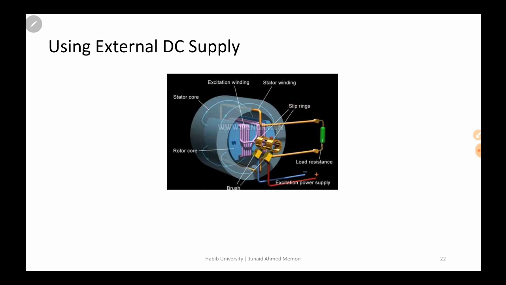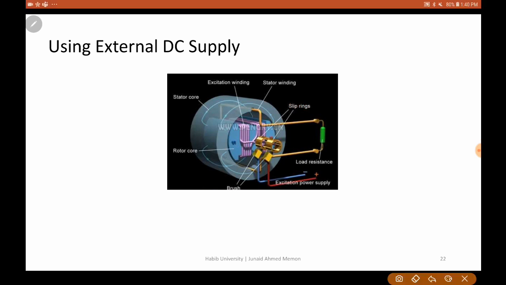The idea is that you essentially want to make an electromagnet with a coil. We supply a positive and negative, and it will have a unidirectional magnetic field.